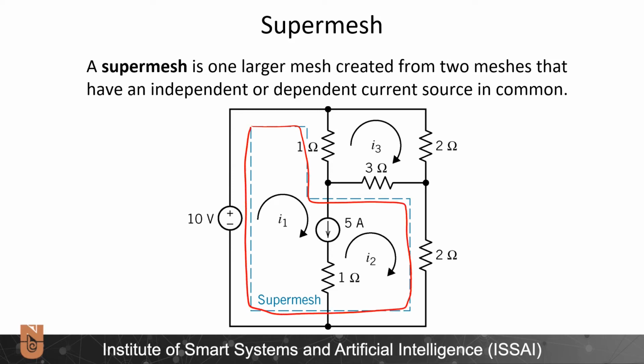In this case, we will do our mesh current analysis by writing the Kirchhoff's voltage law only for the supermesh and writing an additional equation which relates I1 and I2 using the independent current source.